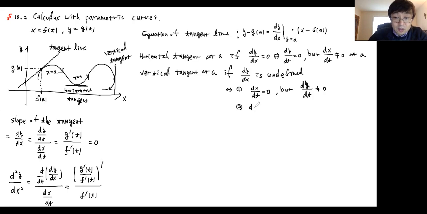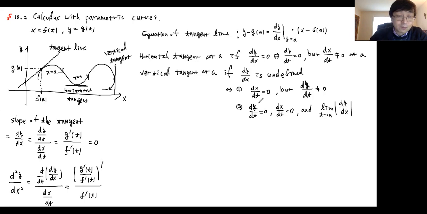The second possibility is that dy over dt, the top one, equals 0 and the bottom one, dx over dt, also equals 0. In this case, take a limit as the t value approaches a of the absolute value of dy over dx.